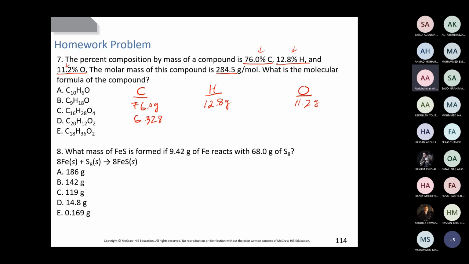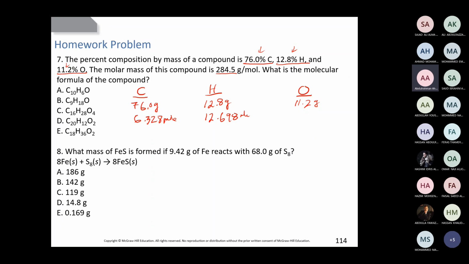Very good. How about hydrogen? Quickly. 12.698. 698, yes. Good, mole.